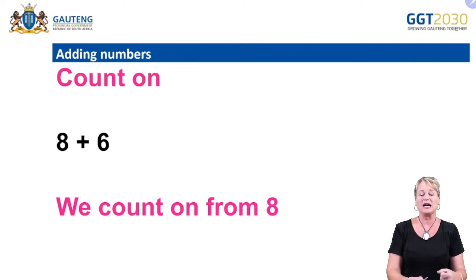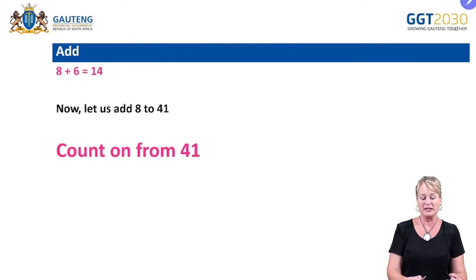So we are going to count on from 8. So we would say 8 plus 6 would go 9, 10, 11, 12, 13, 14. And that's how we get our answer 14. So you start with what you've got and then you count on afterwards.